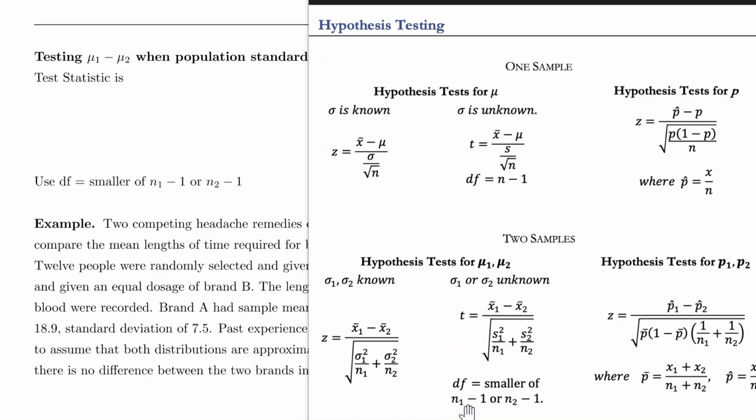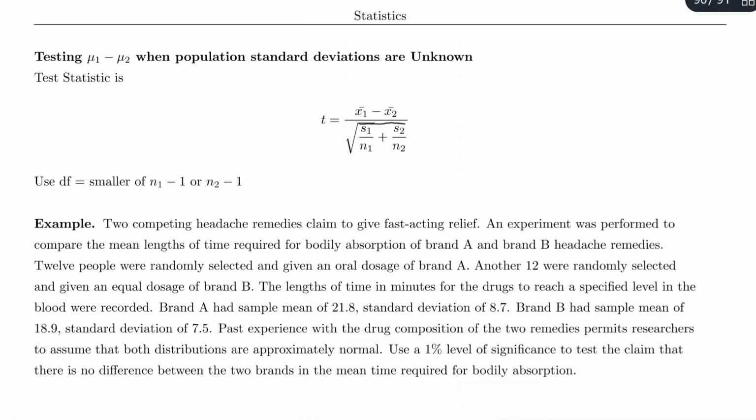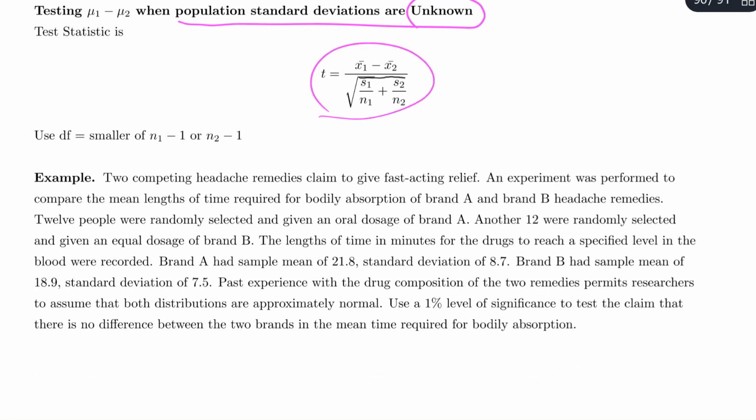So whichever n1 minus 1 or n2 minus 1 is smaller, we use that as degrees of freedom to find the p-value, which will be, again, an estimate for t. Okay? So let's go over this. This is, again, when population standard deviations are unknown. Use this as a test statistic and use the smaller. If they're the same, you can just use either one of them.